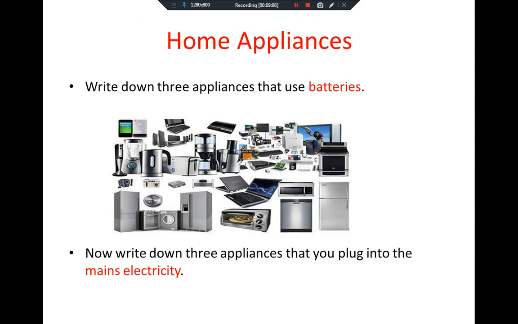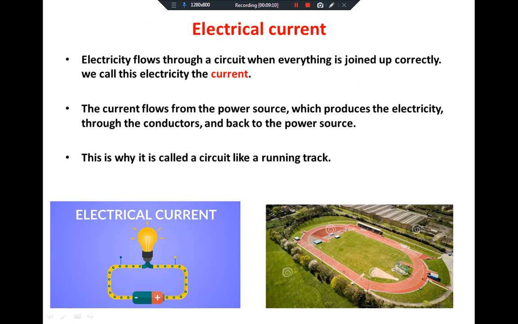Okay, so then it gets to our home from the power source using conductors, and it gets back to the power source through the conductors. It's like what? It's like a running track, as you can see in the picture on your right hand. Okay, and electrical current is also like the left picture, as you can see on your screen.